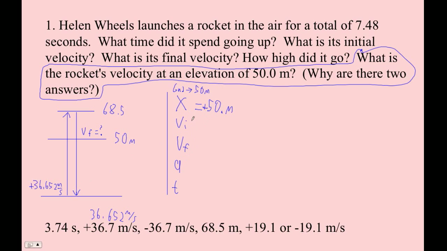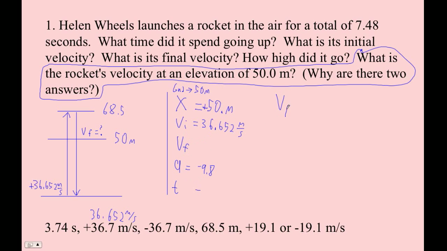I know that our initial velocity is the 36.652 that we got in the previous part of the problem. I'm not using the rounded answer, right? And then we know the acceleration is negative 9.8, okay? To find the final velocity, I want to use something that doesn't have t in it, right? Because I don't have t. And that's all it's asking for is the final velocity, right? So I'm going to use this guy.